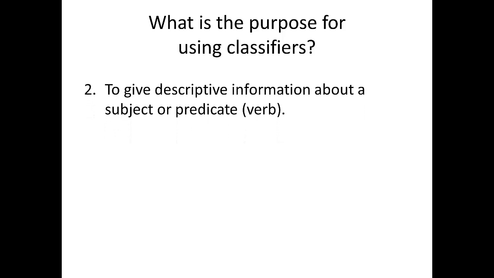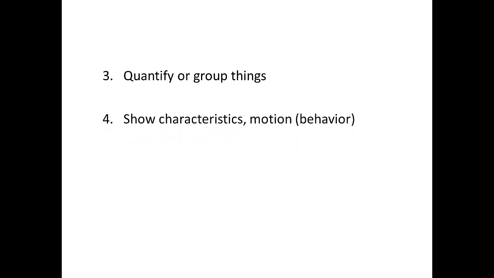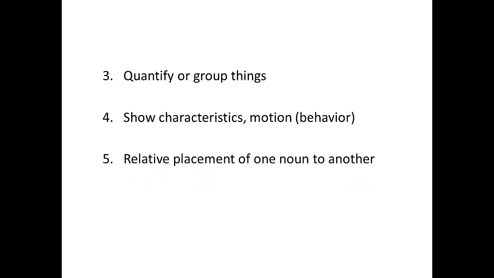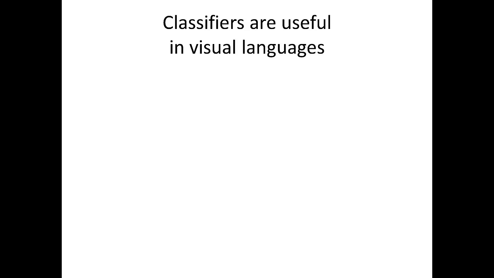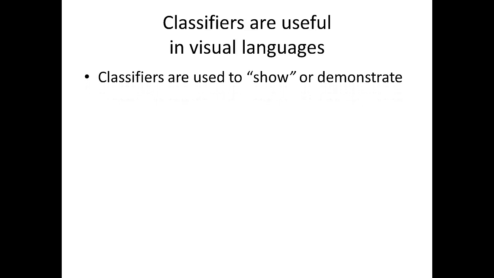It also gives descriptive information about the subject or the verb. Classifiers can quantify or group things, show characteristics or motion, or the relative placement of objects. They are very useful in visual languages.